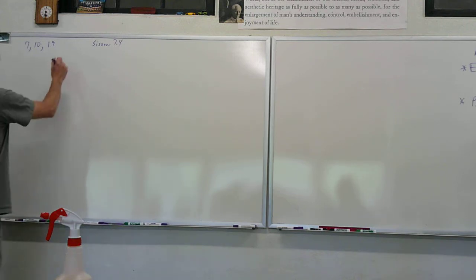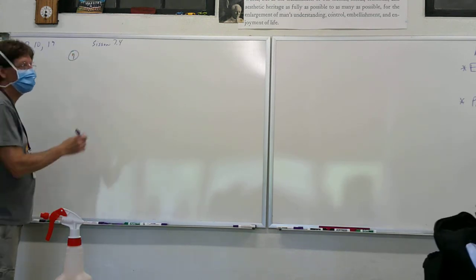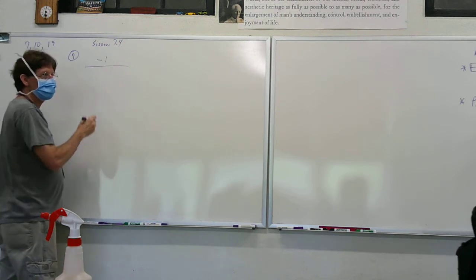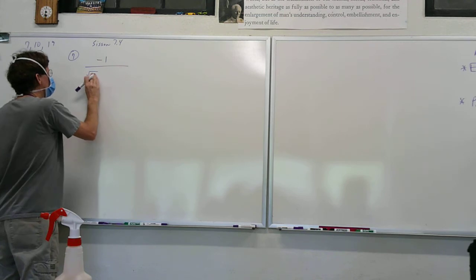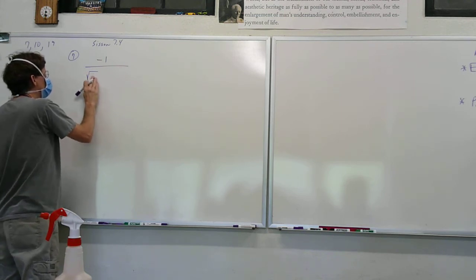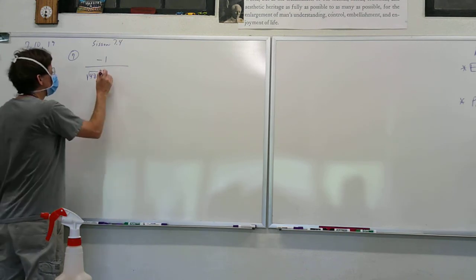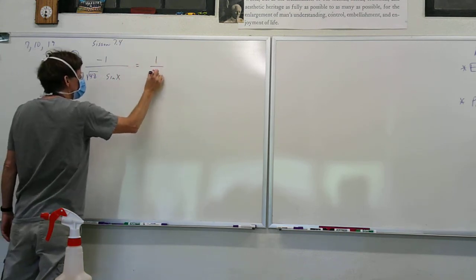Okay, number 7. Negative, I'm going to put the negative in the numerator. I just like to go ahead and get the negative in the numerator. Square root of 48 sine x equals 1/8.